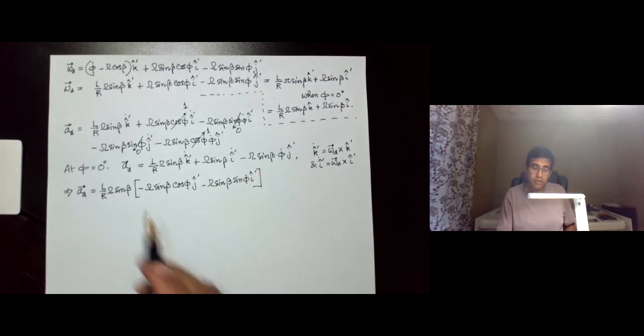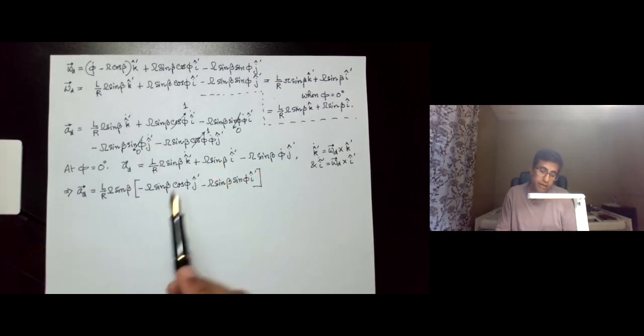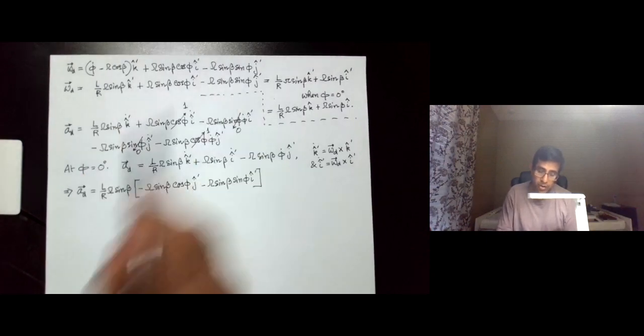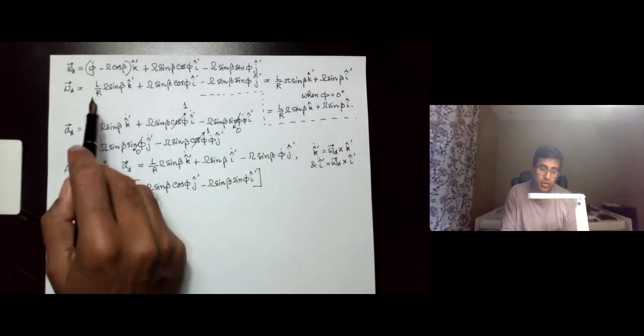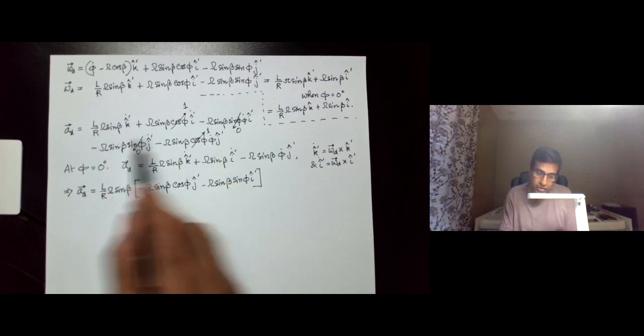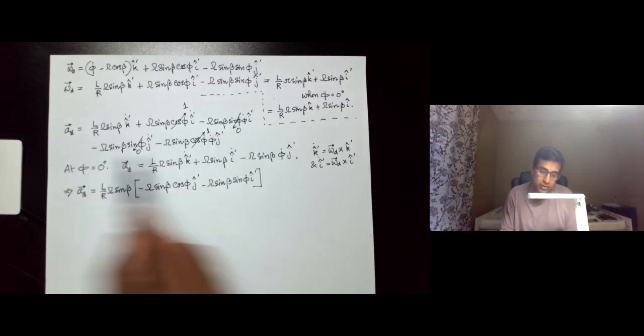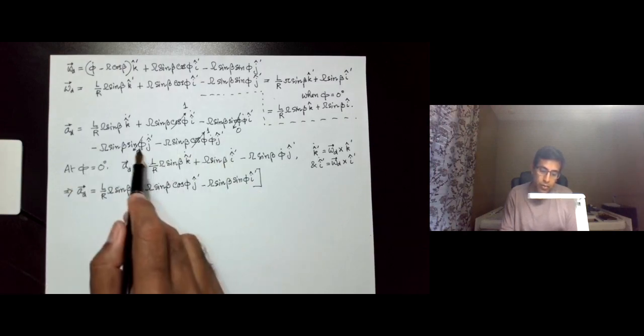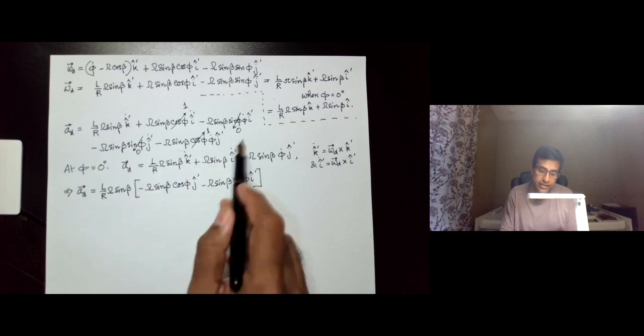Now another thing to keep in mind is that when we are carrying out these cross products, note that we are using the most general form of the angular velocity. Again, very critical. We don't want to make substitutions before we put in the most general form of the formulation. In fact, you could be a little more cautious and say I'm not going to put phi equals 0 degrees at this point.